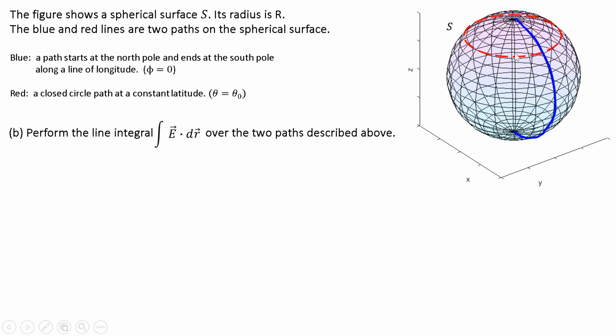One is the red path, which is this closed circle, at a constant latitude, if you think of this as the Earth.